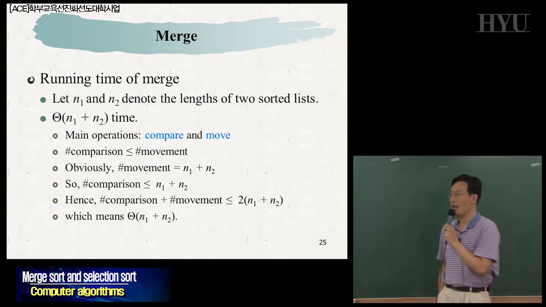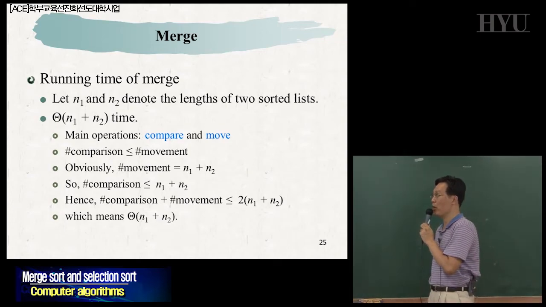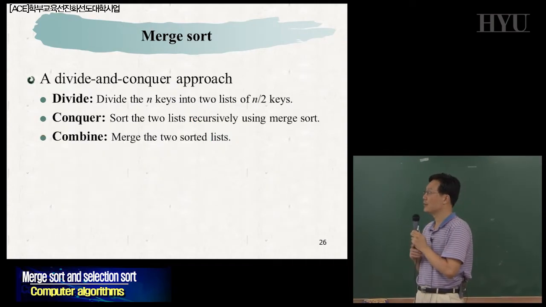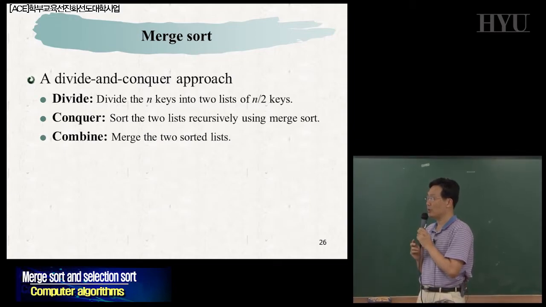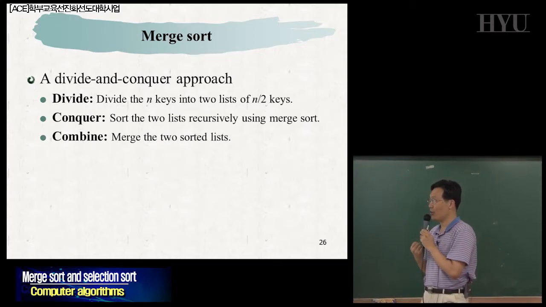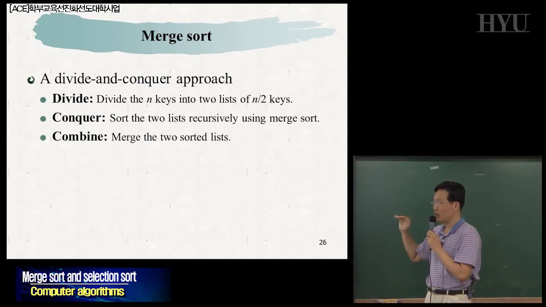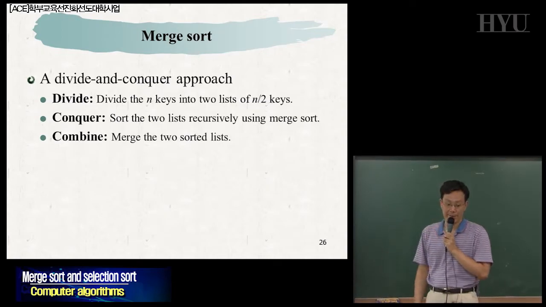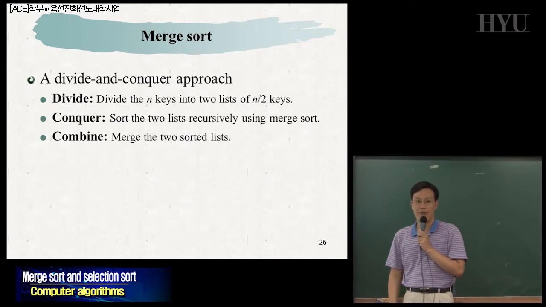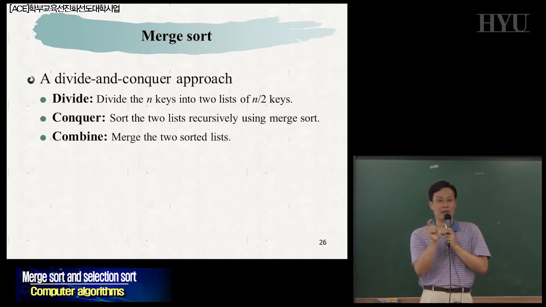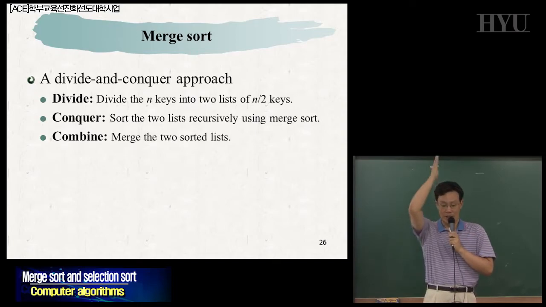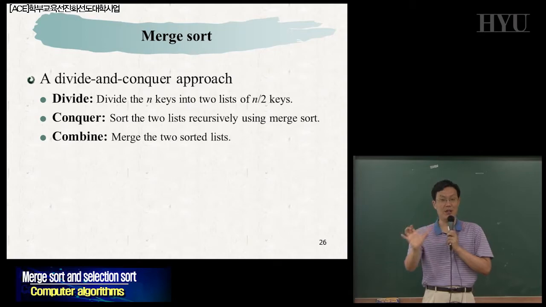Okay. Now it's time to explain merge sort. Merge sort is a divide and conquer approach. It has 3 steps: divide, conquer, and combine. First, we divide the input keys into 2 lists of half-sized keys.